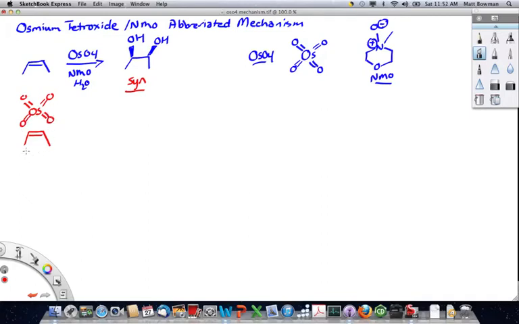And the first thing is what's called a cycloaddition, where the electrons from the osmium-oxygen bond go to this carbon. The electrons from the carbon-carbon pi bond go to this oxygen. And the electrons from the osmium double bond oxygen then go on top of the osmium.